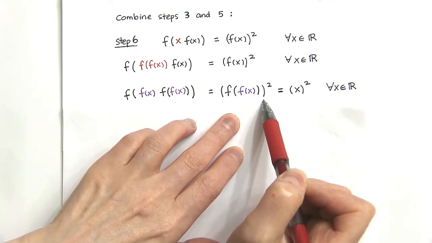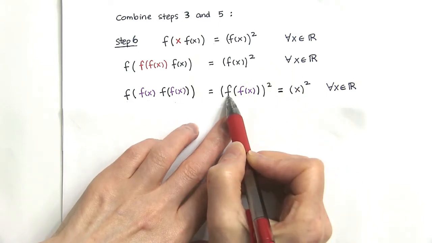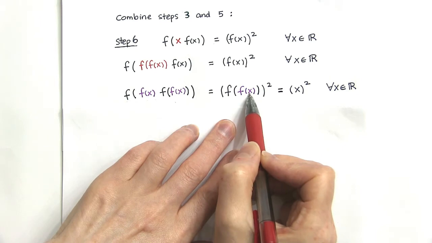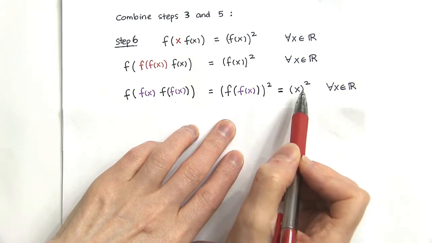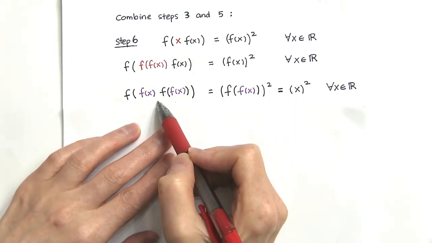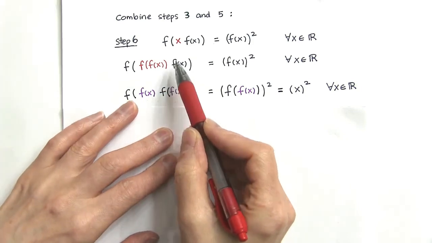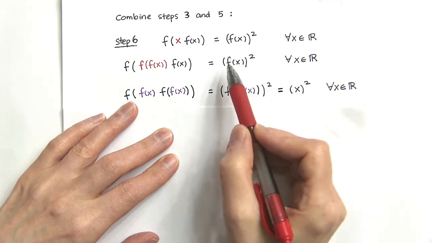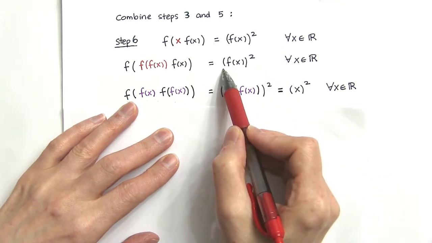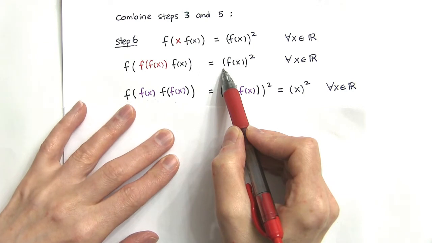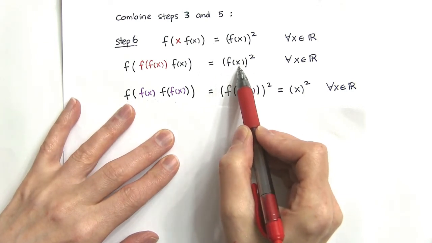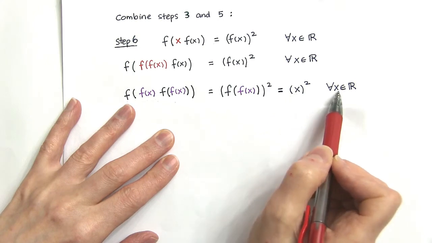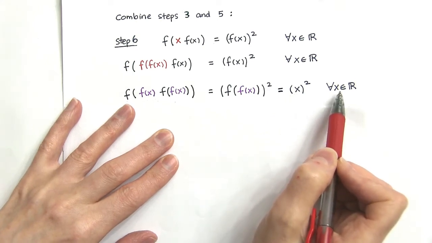But we know f is its own inverse, so we know that this quantity inside the square, f at x, is just x. So now we know that this quantity, which is equal to this quantity, is equal to the square of x, and at the same time, it's equal to the square of f at x. And that means that f at x must equal plus or minus x for every real x, like this.